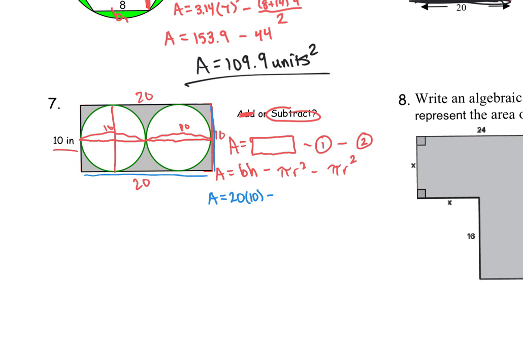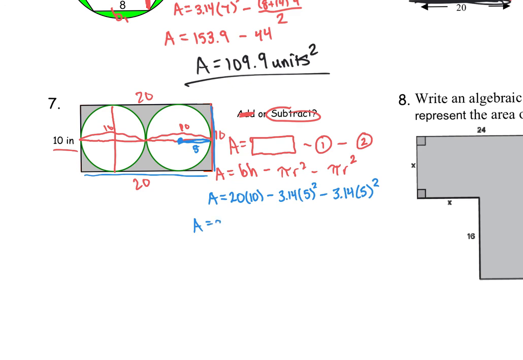Minus, we'll use 3.14 for pi again. The radius, well, again, we know the whole diameter was 10 for one of these circles, right? So half of 10 is going to be 5. The radius is 5. So 5 squared minus, and it's the same thing for the other circle. These two circles are exactly the same. So 3.14 times 5 squared.